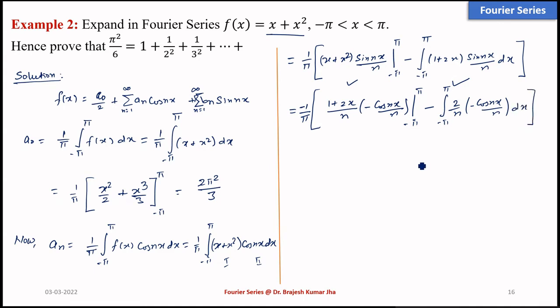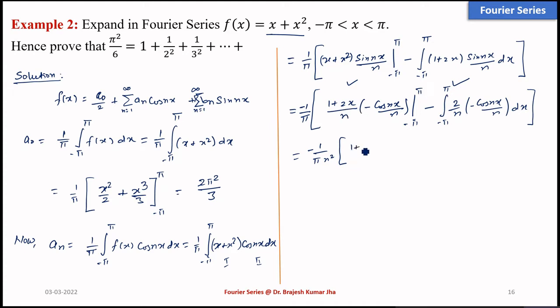Okay. Now the thing is, what can we get here? So n squared is common overall, so that we can take minus 1 upon pi n squared. Now here it is 1 plus 2x, minus cos n pi. So first you put the value of pi.